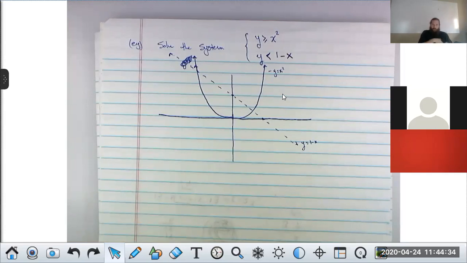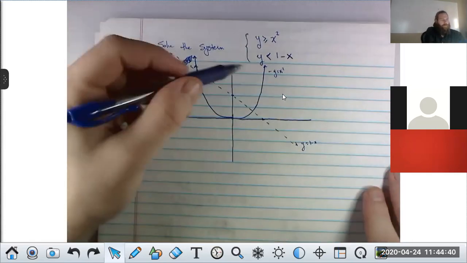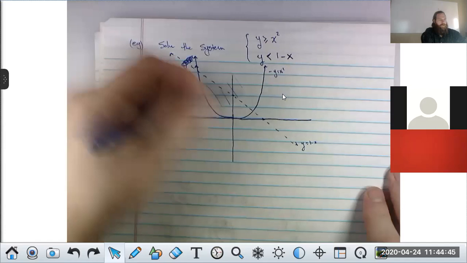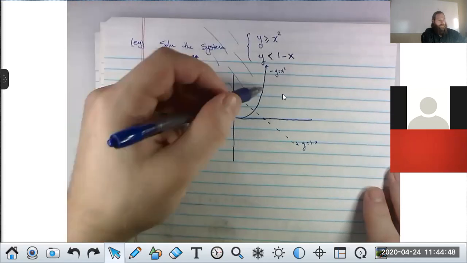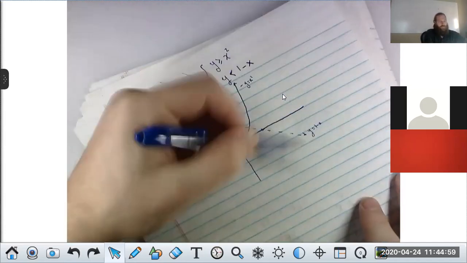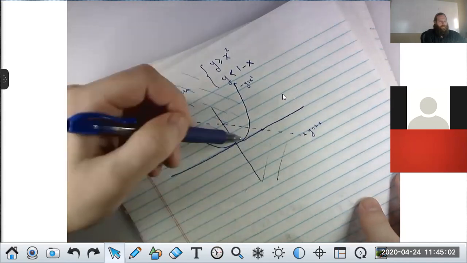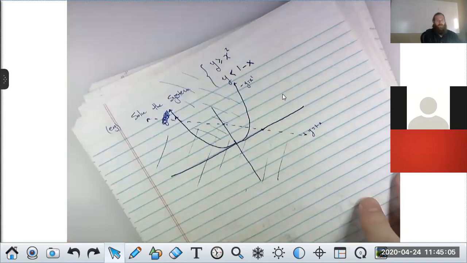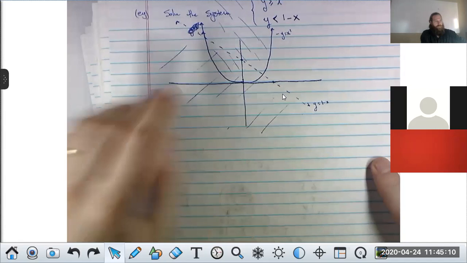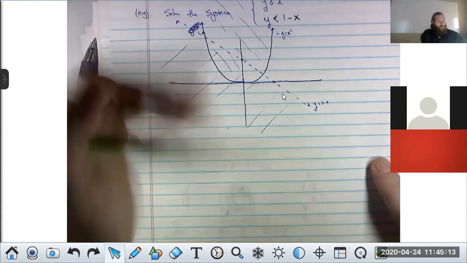If you look at that first inequality, y is greater than or equal to x squared, that's everything above this parabola. And the second one says y is less than 1 minus x. That's everything below this dotted line. So the stuff that solves both is this little region in here.